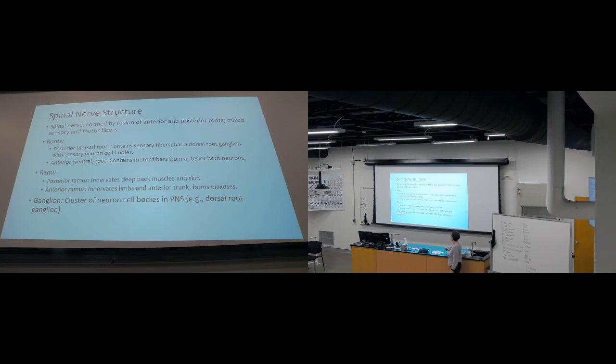The posterior innervates the deep back muscles and the skin of this area, while the anterior innervates the anterior muscles of the trunk. And then some of these spinal nerves, from different levels of the spinal cord, fuse to form plexuses.